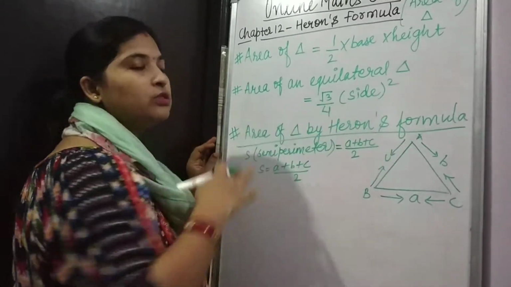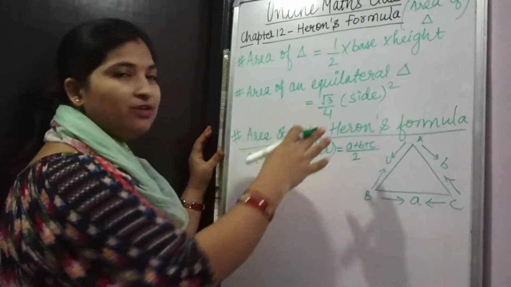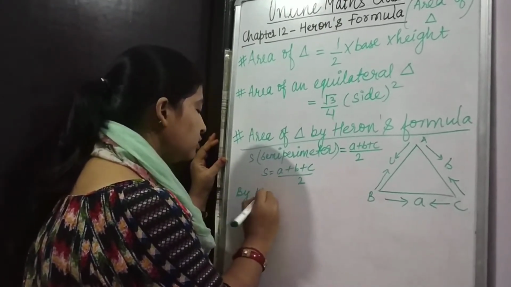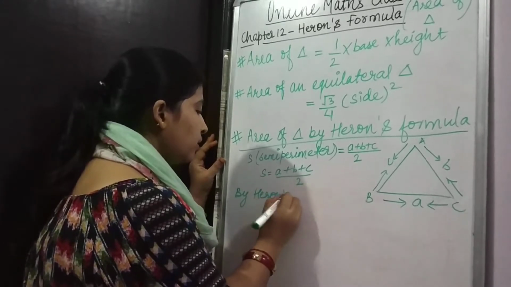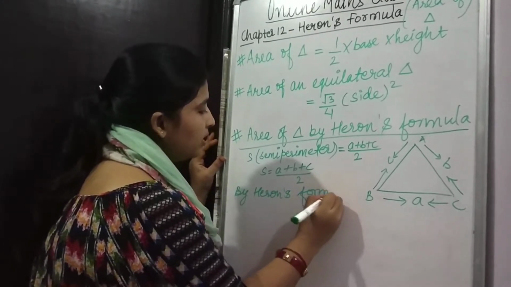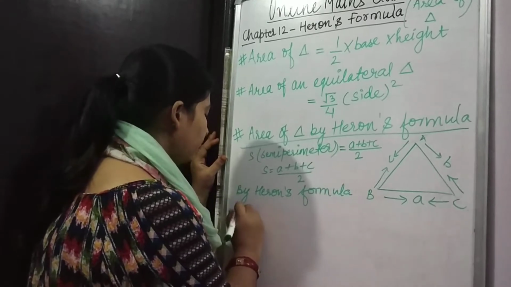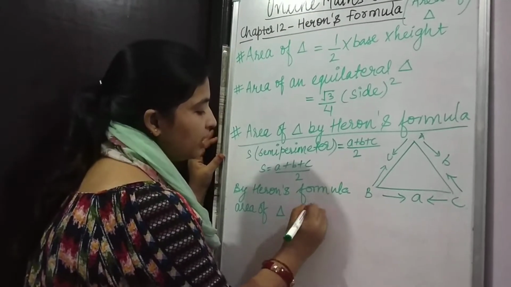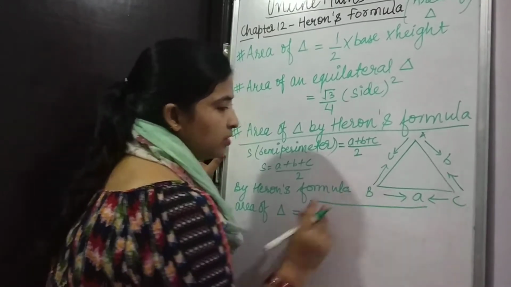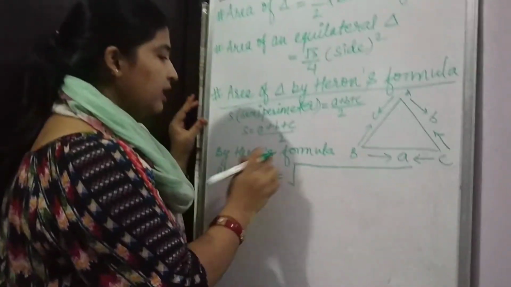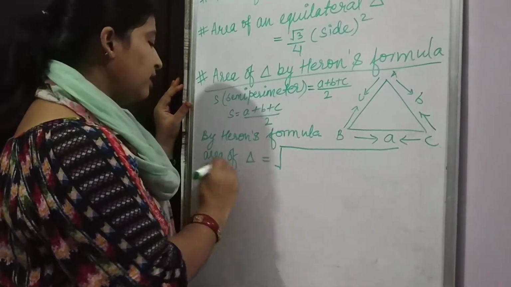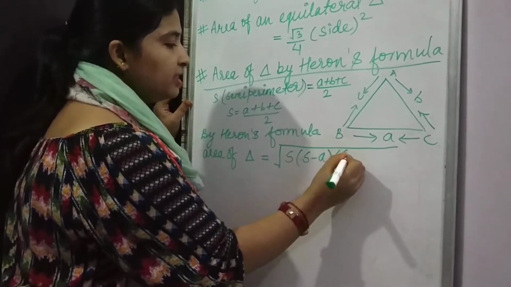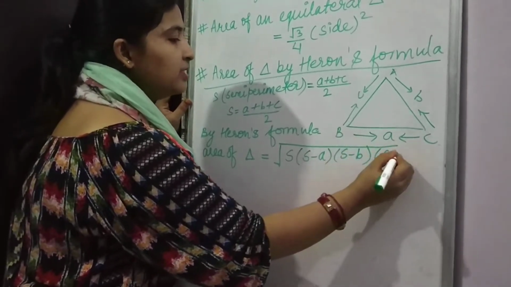Heron was a mathematician who gave this formula. By Heron's formula, the area of the triangle will be under root of s into (s minus a) into (s minus b) into (s minus c).